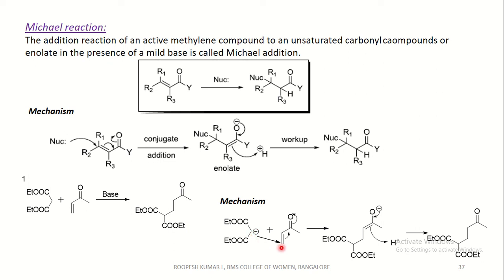This attacks this carbon. This double bond shifts here to form a negative charge on the oxygen, and in the next step this negative charge shifts to form a carbon oxygen double bond, and this double bond takes up a proton from the workup procedure to form the corresponding adduct, which is a ketone.